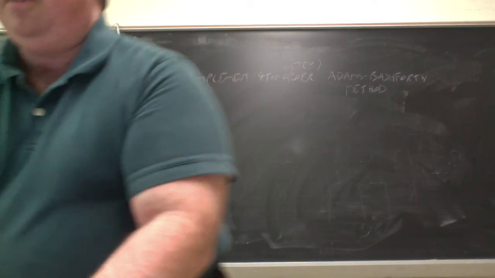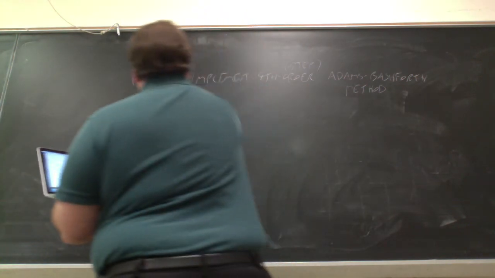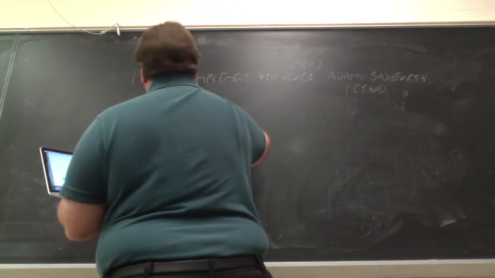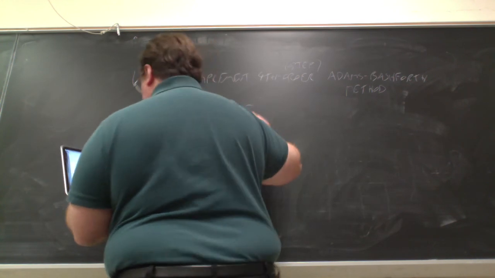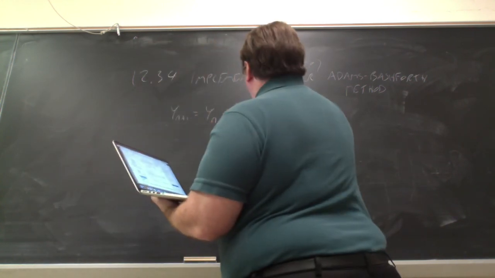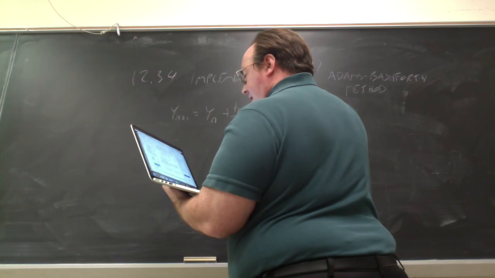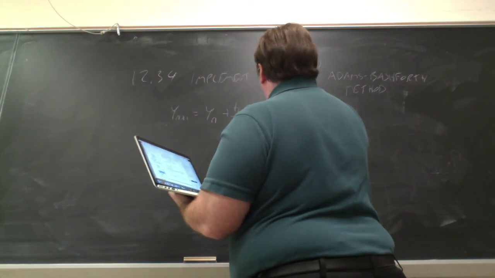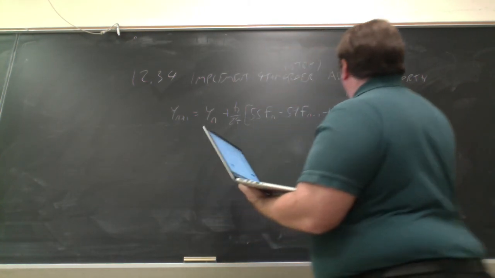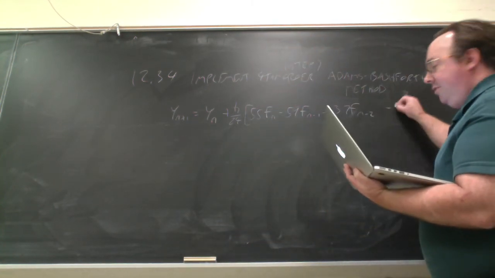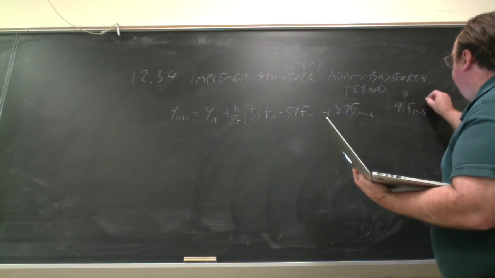It's yn plus 1 is equal to yn plus h over 24 times 55 fn minus 59 fn minus 1 plus 37 fn minus 2 minus 9 fn minus 3.